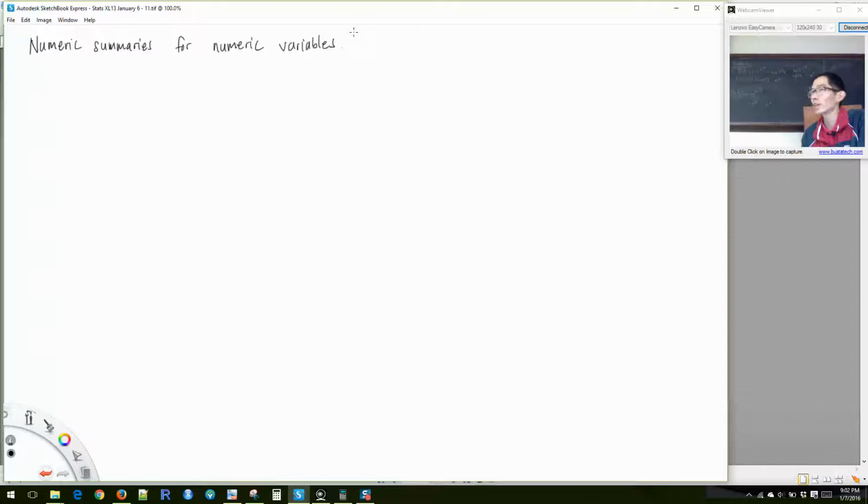If you ever read a summary of a book, you miss out on details that may or may not be important. The book summaries try to capture what's important, and when we report numeric summaries, we're hoping that they capture what's important, but they might miss out on some key points.